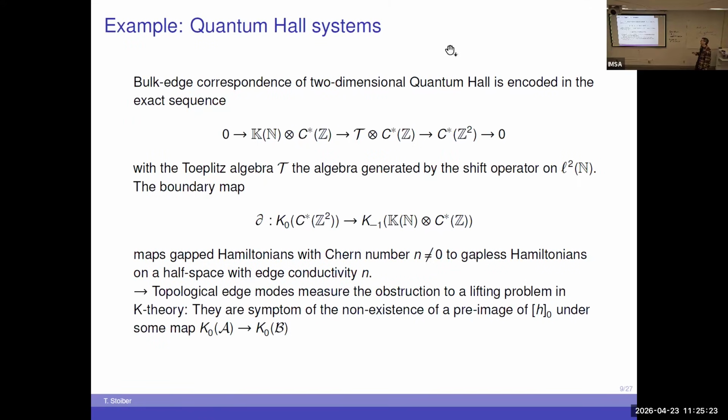And in conjunction with what I said on the previous slide, from the point of view of algebraic topology, what these edge modes really are is just a symptom of the non-existence of gapped pre-images. The fact that we can't take the bulk Hamiltonian, even in principle, and put it on a half space without closing the spectral gap means that there must be some manifestation in the spectrum, which in this case manifests as edge modes, which have a certain conductivity.